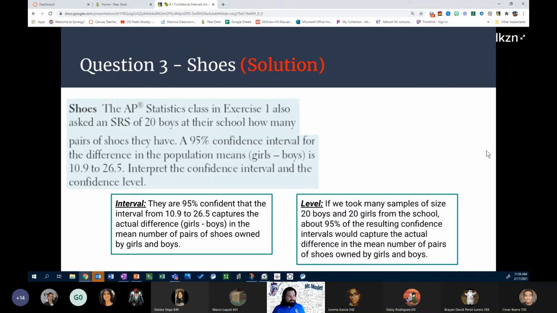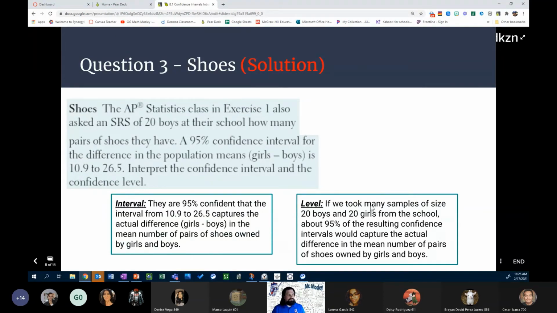For the confidence level, if we took many samples of size 20 boys and 20 girls from the school, about 95% of the resulting confidence intervals would capture the actual difference in the mean number of pairs of shoes owned by boys and girls. Girls and boys, sorry.